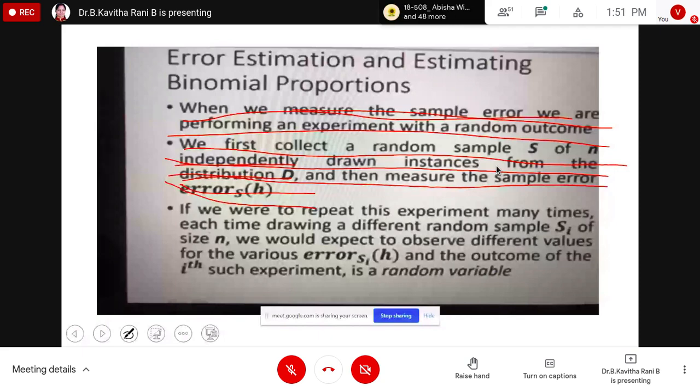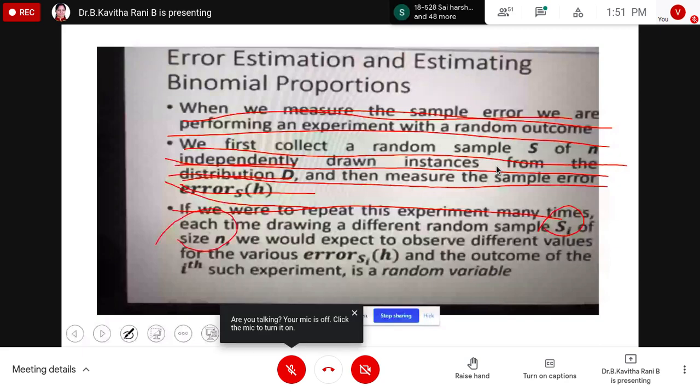If we repeat this experiment many times, each time drawing a different random sample, that is Si, a random sample of size n, we could expect to observe different values. Each time we take a sample we get a different value, so for various samples we get different errors.